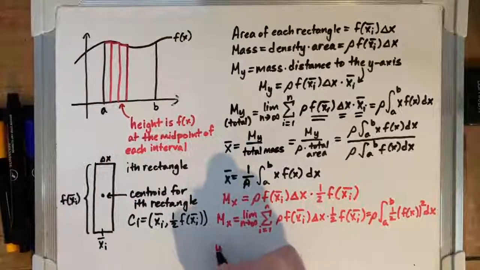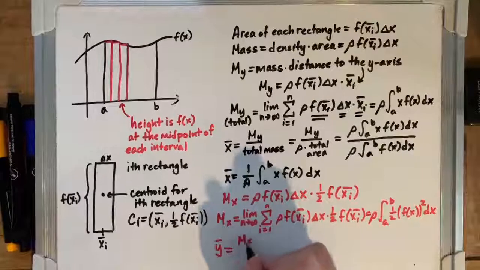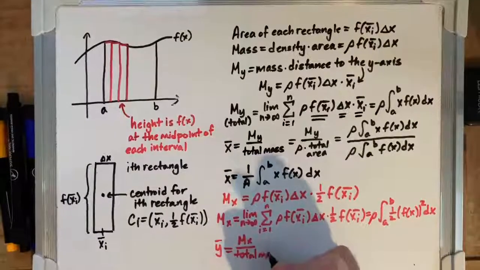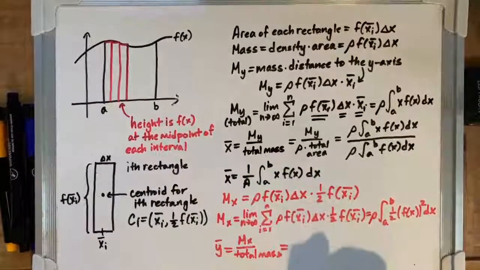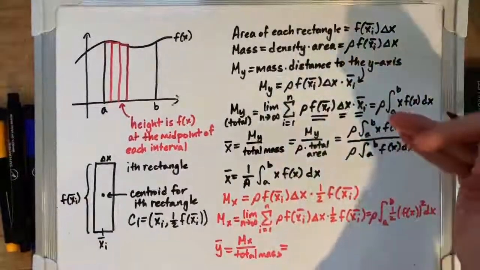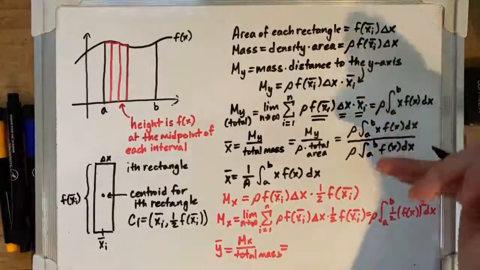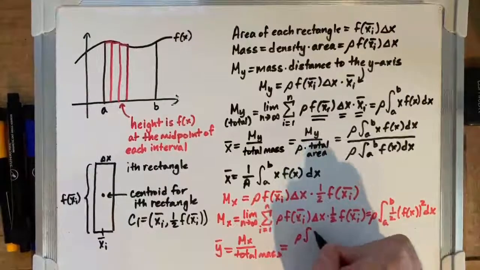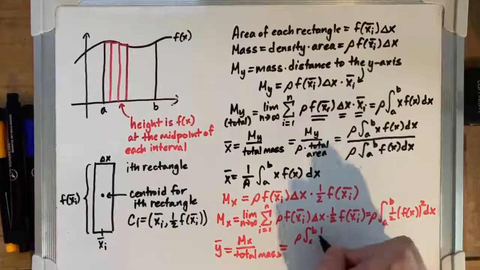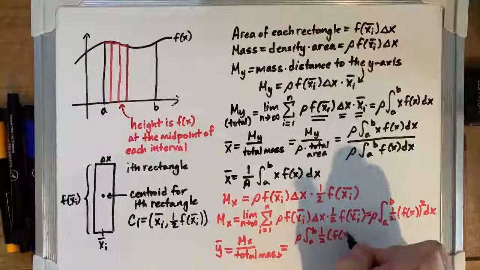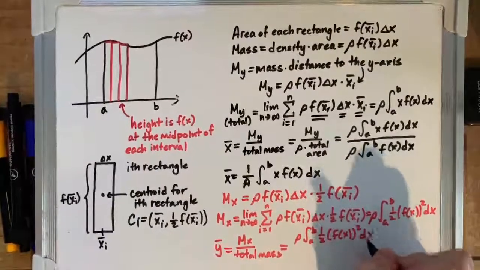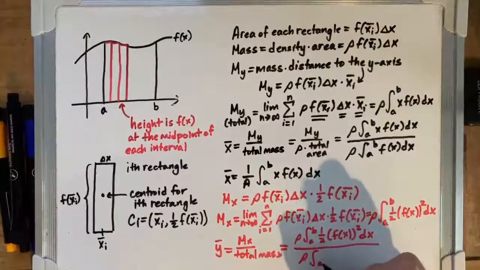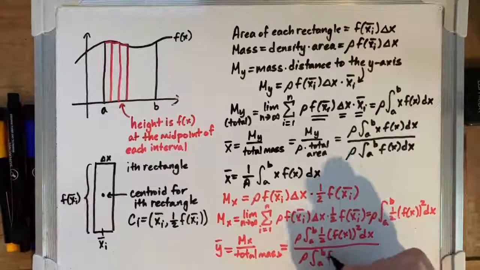Similarly, we got y bar is going to be the moment divided by the total mass. It's going to be that same moment divided by, so we got our integral that we have here, 1/2 f of x squared dx. We're going to divide it by density times just the normal integral.